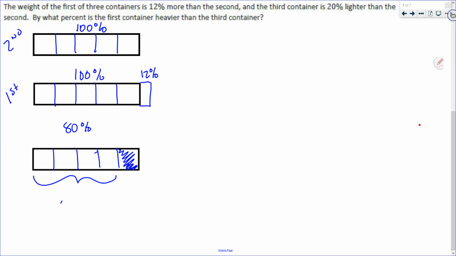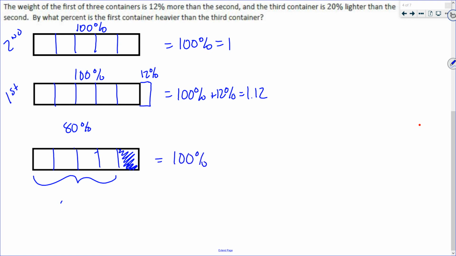All right. I kind of got tired of seeing that little outline, guys. Sorry. All right. So this represents 100% or 1. This represents, which would be 1.12. This represents 100% minus 20%, which would be 80%.